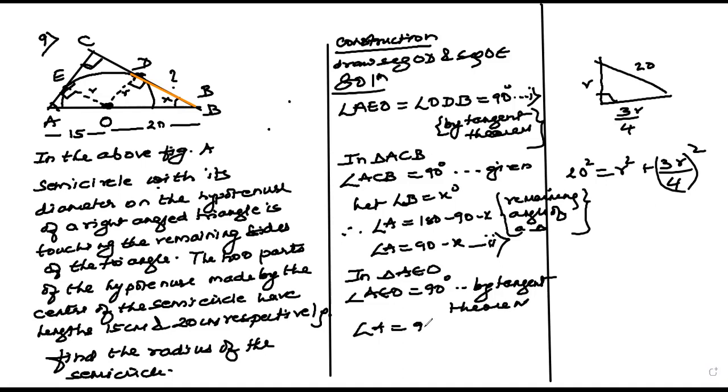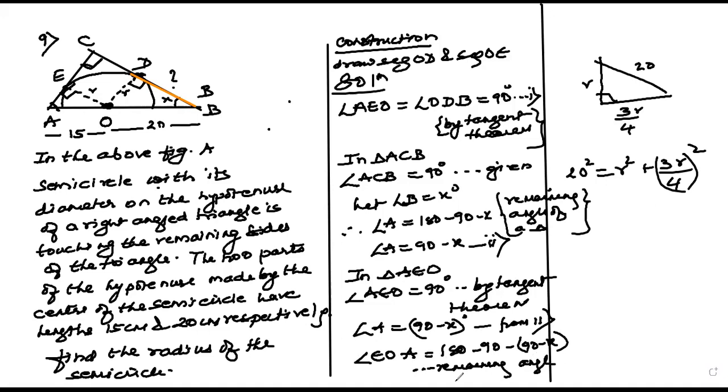Angle A equal 90 minus x, from 2. If two angles are known, how do you find the third angle AOE? Therefore, angle EOA equal 180 minus 90 minus x. And I'll write the reason, remaining angle of a triangle.